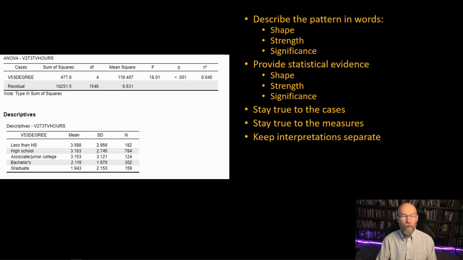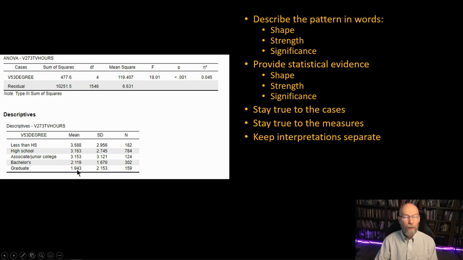Now, here are the results looking at how degree is related to it. We could see that those folks with less than a high school degree, no matter what age, this is just looking at degree, tend to watch about 3.6 hours. People with high school degrees tend to watch about 3.2 hours. Associate or junior college, 3.1, bachelor's degree, 2 hours, and graduate degrees, roughly 2 hours as well.